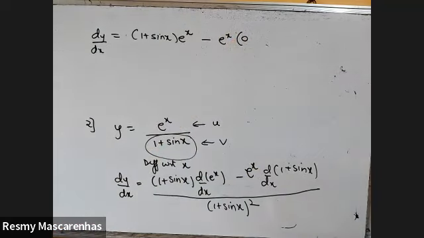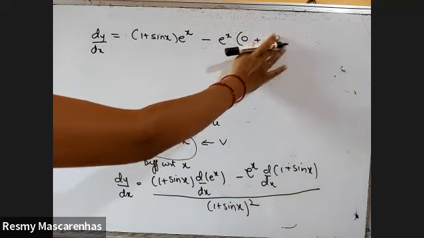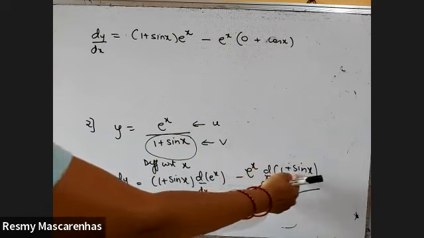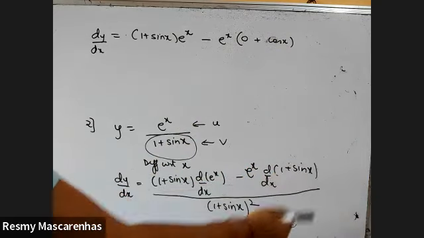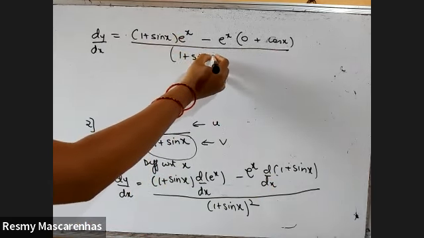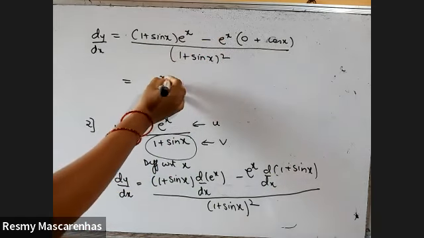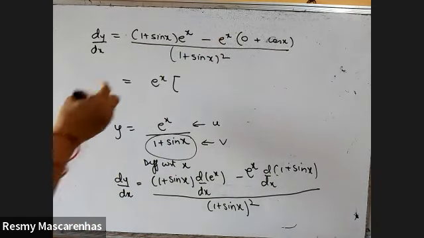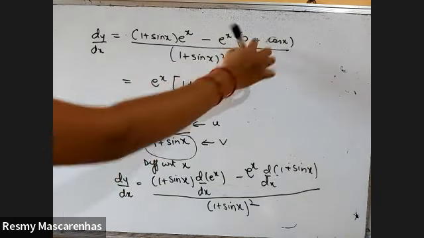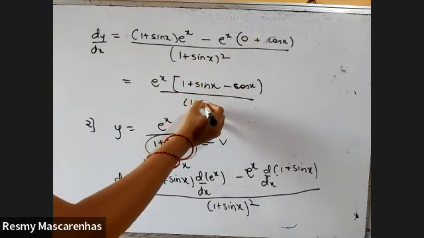The derivative of 1 is 0 because it's a constant. The derivative of sin x is cos x. I have to take the derivative of whatever is inside this bracket, the derivative of both the terms, and leave this as it is. e raised to x is common. You can take it from both the terms. What remains is 1 plus sin x. This into plus. This will be the answer.